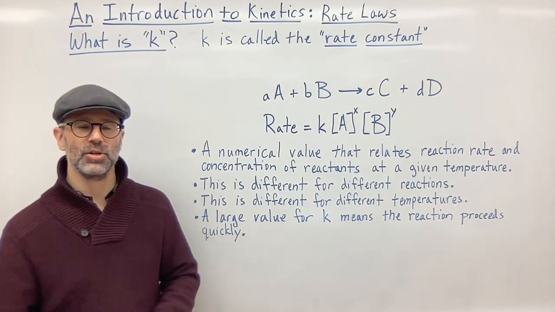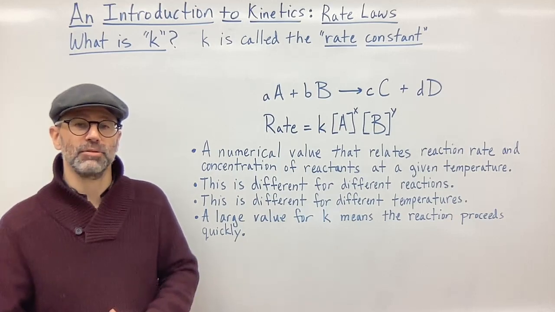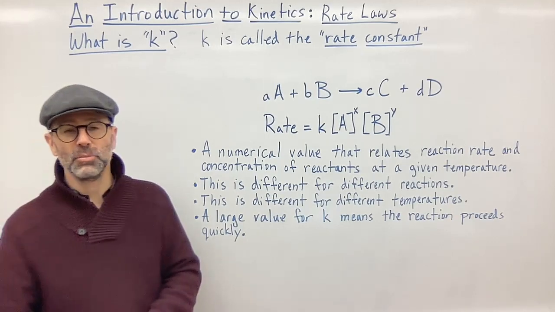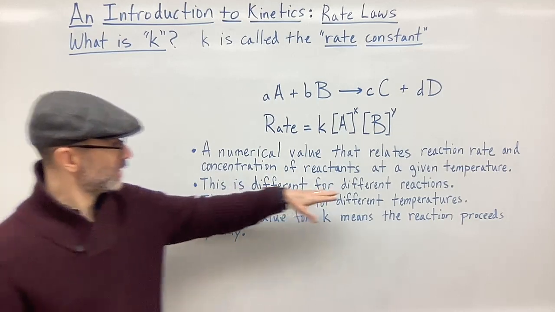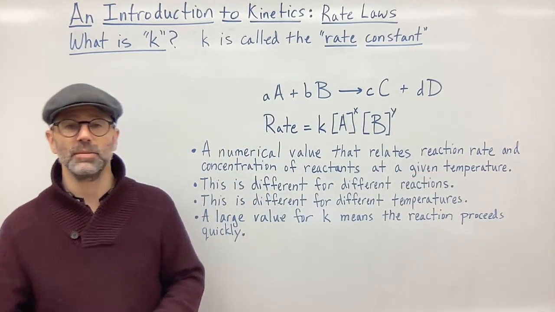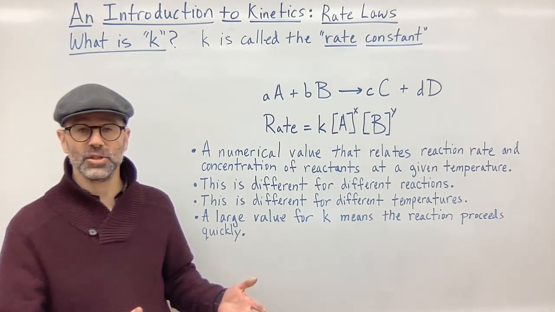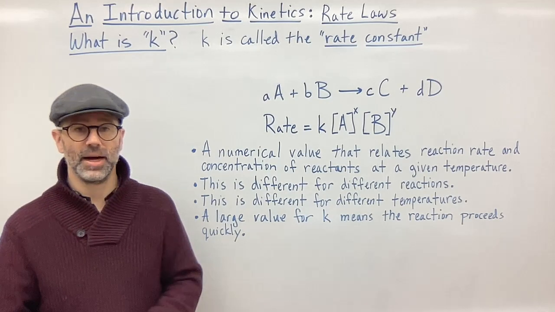a given temperature. So this means that different reactions are going to have different K values. This also means that since this is at a particular given temperature, the K constant is going to depend on the temperature. So different temperatures are going to give you a different rate constant.